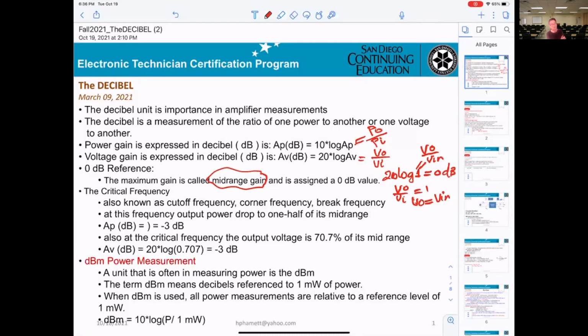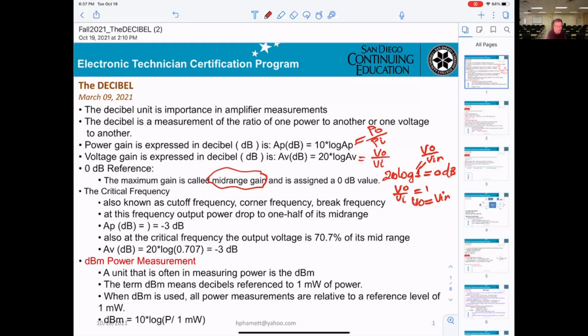Like, for the power, they want watt, milliwatt, kilowatt. They don't want decibel. However, when you're working in the lab, you get the decibel or dBm. Then you have to know how to convert it back to the real value. Normally, we have to deal with that. Okay, that will come up.